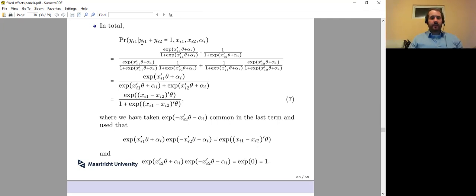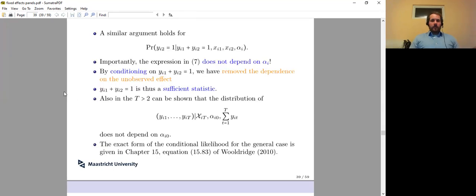So by conditioning on this statistic here, we have found an expression that depends on theta, but that does not depend on any unobserved alpha. Of course, we can use the same argument for yi2 equal to 1. And as I said, the important thing is that these expressions do not depend on the unobserved variable. So this thing here is a sufficient statistic because knowing the statistic is sufficient for knowing the unobserved alpha.